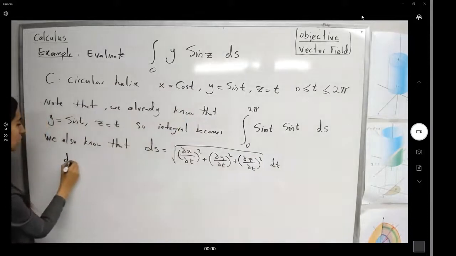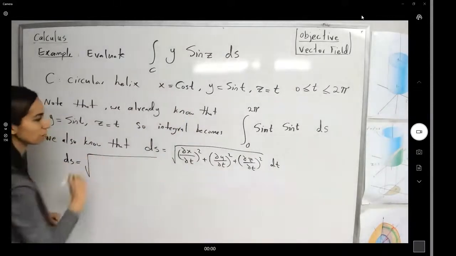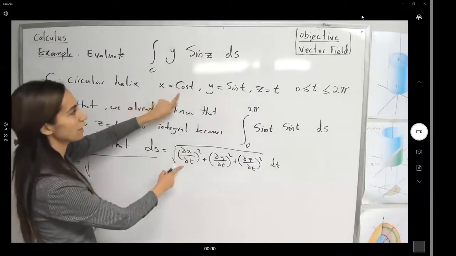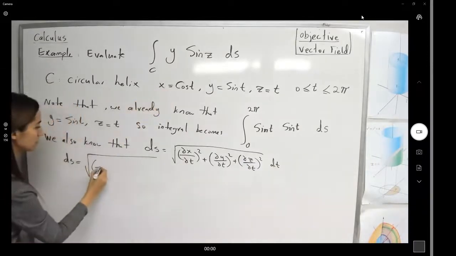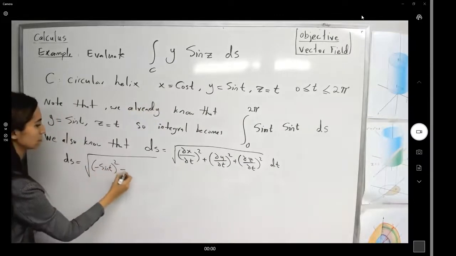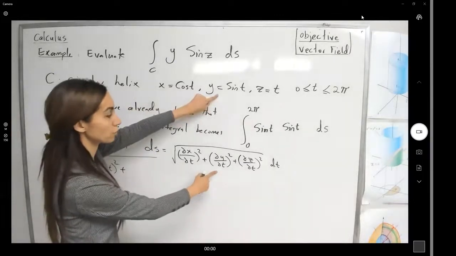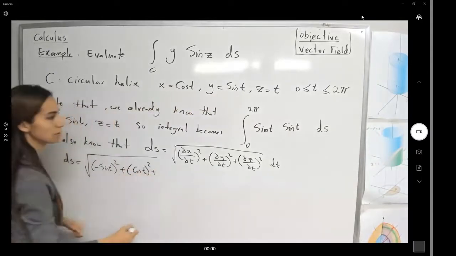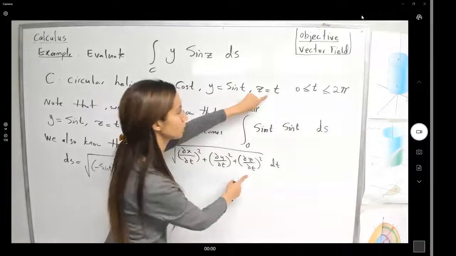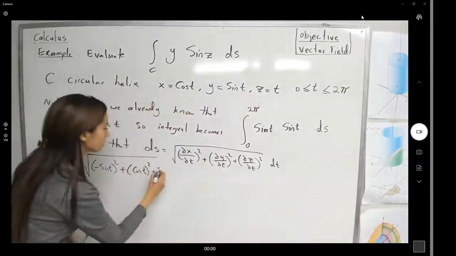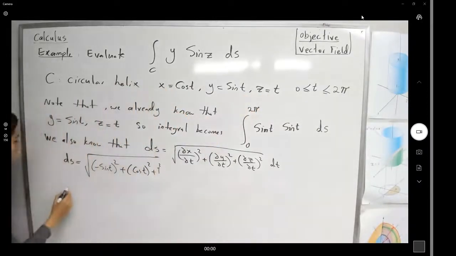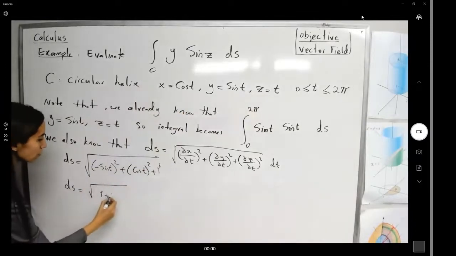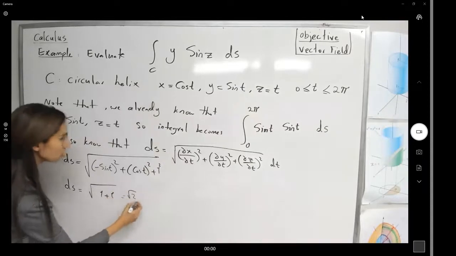The partial derivative of x with respect to t is negative sine t, squared, plus the partial derivative of y with respect to t is cosine squared, plus the partial derivative of z with respect to t is just 1 squared. So ds is equal to the square root of 1 plus 1, which is the square root of 2.